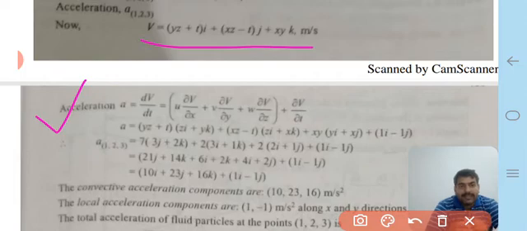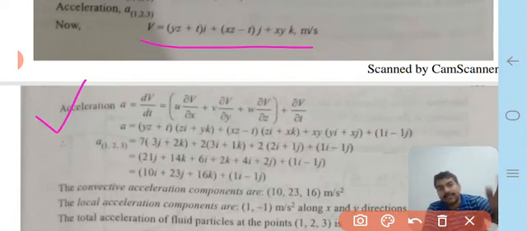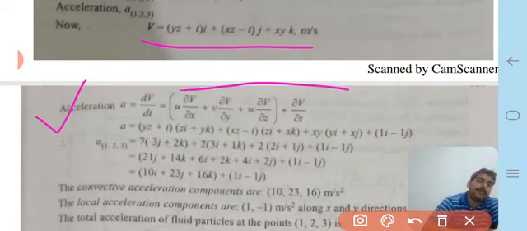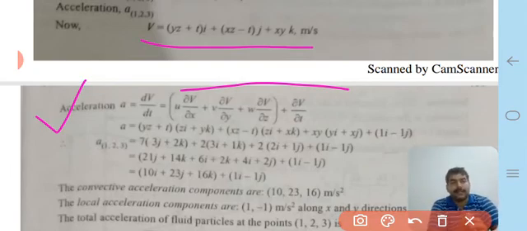We write dV upon dt in partial differential form: u del V upon del x plus v del V upon del y plus w del V upon del z, where capital V is the complete velocity field, plus del V upon del t.